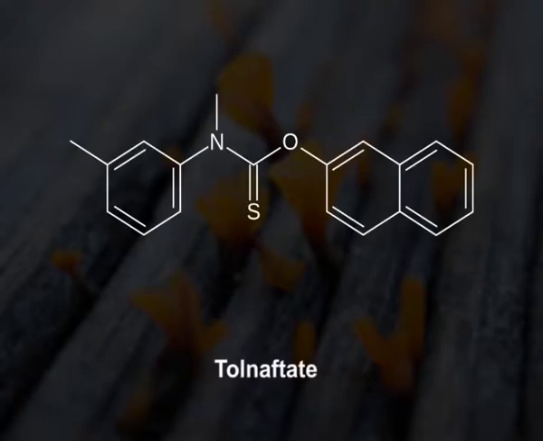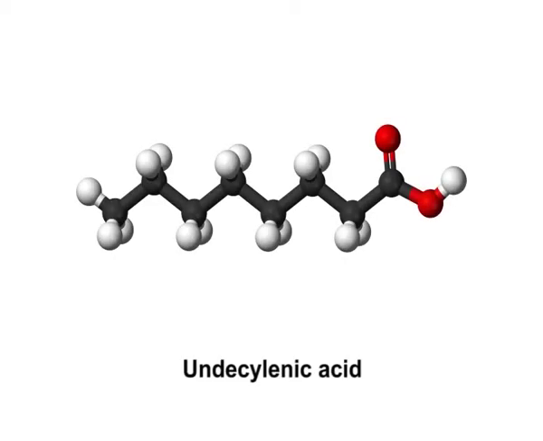Next is tolnaftate, a thiocarbamate antifungal which inhibits fungal squalene epoxidase, the same mechanism as allylamines like terbinafine. Next is undecylenic acid, an unsaturated fatty acid derived from natural castor oil, fungistatic, antibacterial, antiviral, and it inhibits Candida morphogenesis.